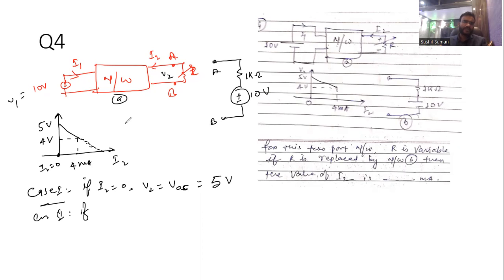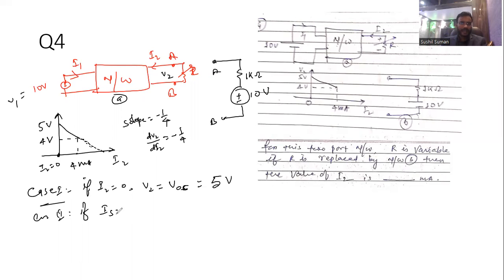The slope dV2 upon dI2 is minus 1 by 4. So at what current does V2 become 0?